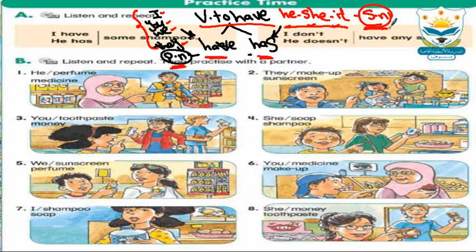Okay, negative of verb to have, how to negate verb to have. Of course we knew also we negate verb to have with don't and doesn't. We negate have and has with don't and doesn't. Okay, after don't and doesn't we should put the verb in infinitive.